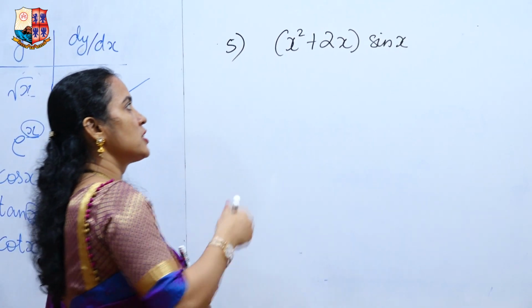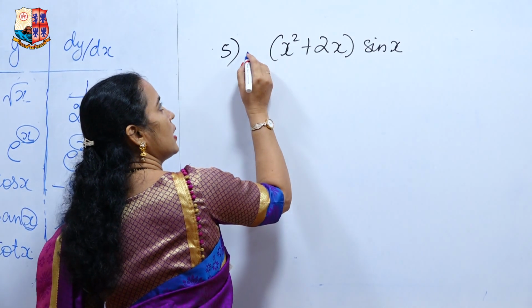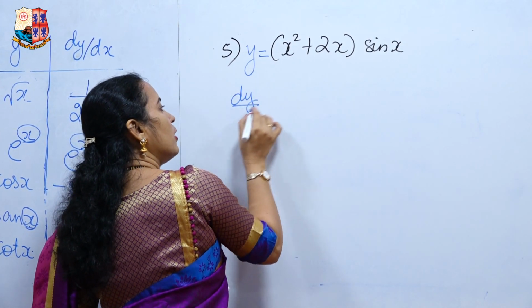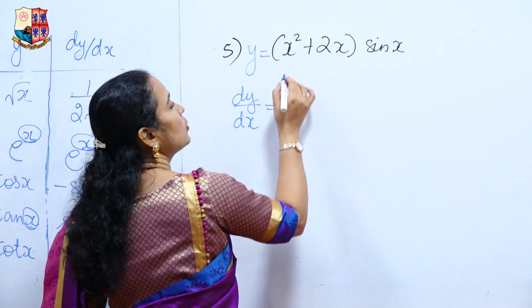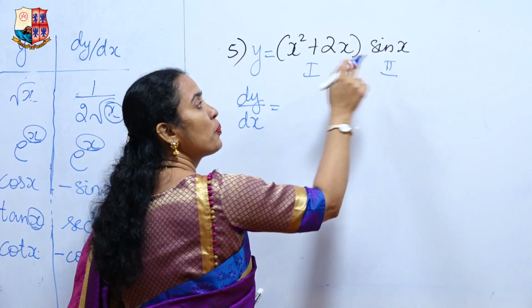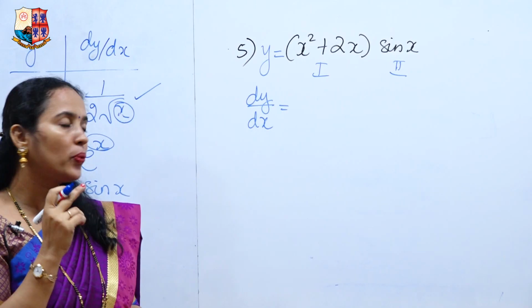X square plus 2x into sin x. Take the given function as y. Dy by dx is equal to product of two functions, first function, second function, UV rule.